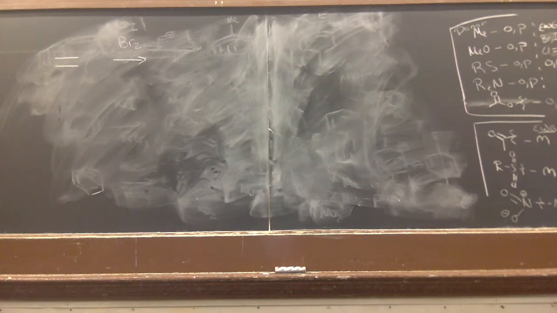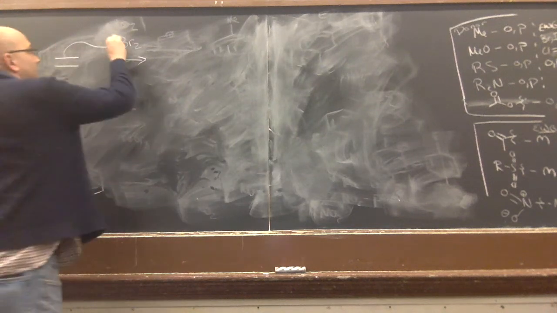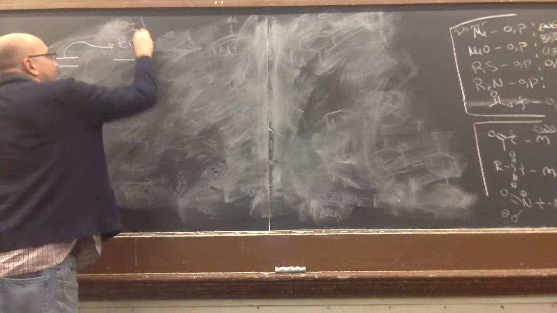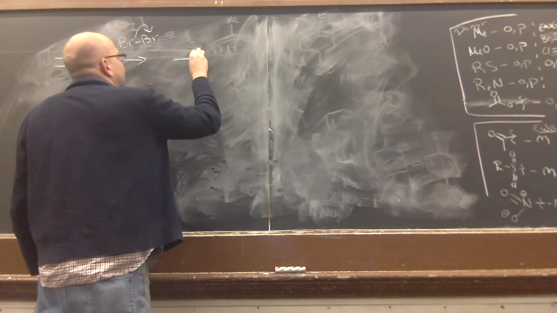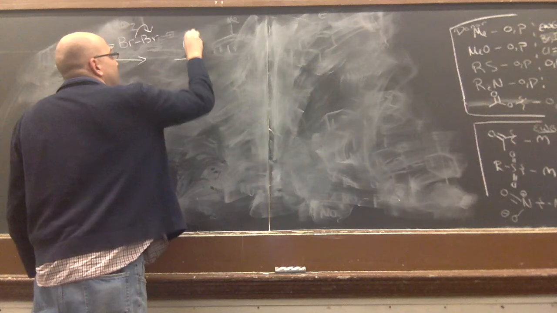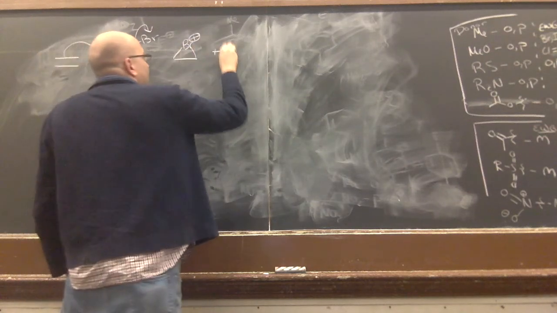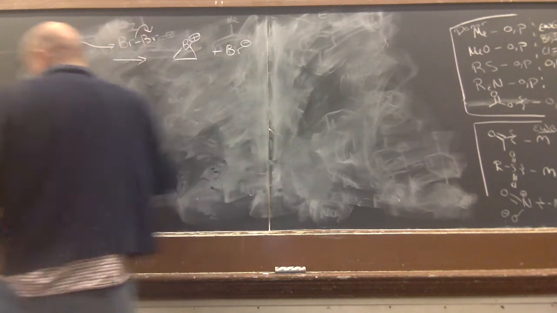In this case, what's happening is the alkene is serving as the nucleophile. And this is going to be the electrophile, right? So think about bromonium, just in terms of that first step.